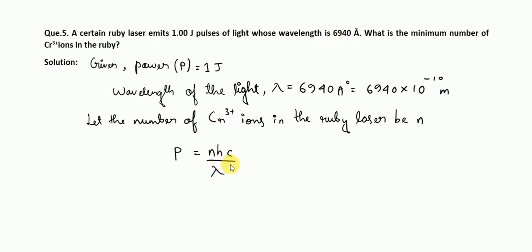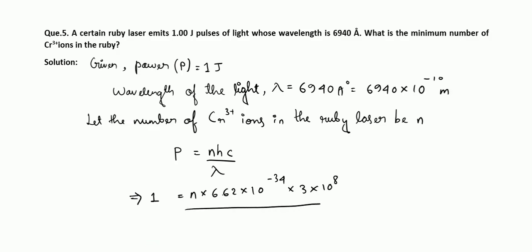So we will just plug in the values in this equation. So P is 1 joule, equals n times 6.62 times 10 to the power minus 34 times the speed of light 3 times 10 to the power 8, divided by 6940 times 10 to the power minus 10.